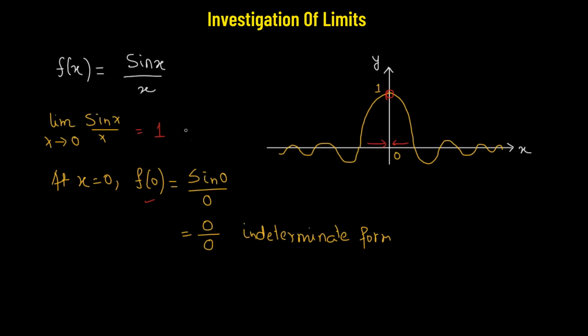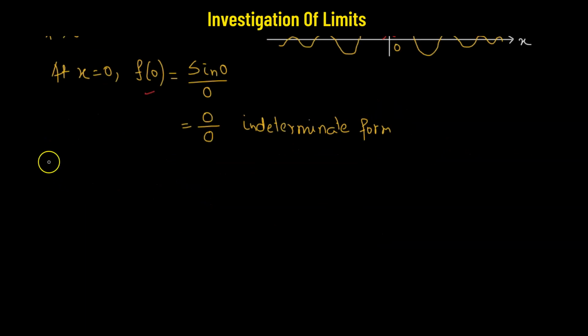Now, we can also check the value of this function as x approaches 0 numerically. Numerical means we are going to consider some numerical values. So let's say we take x equals 0.01. This is not exactly 0, but this is in the neighborhood of 0.